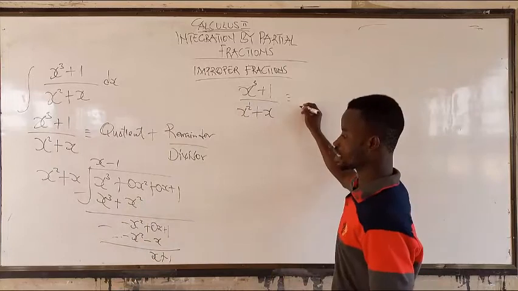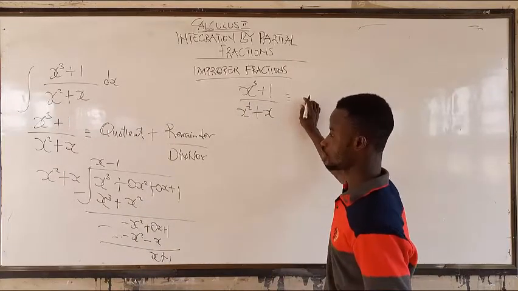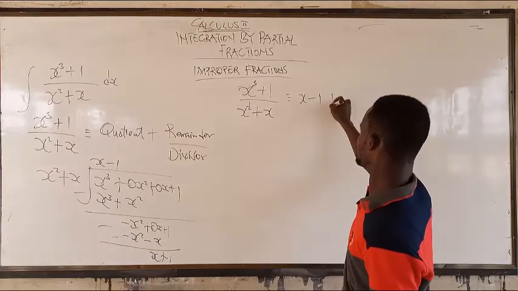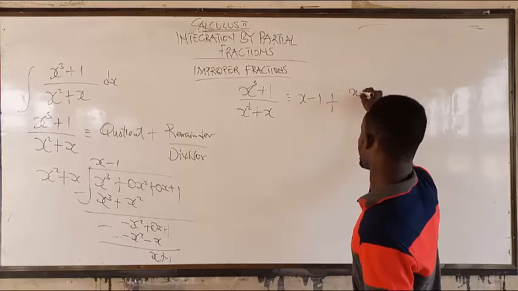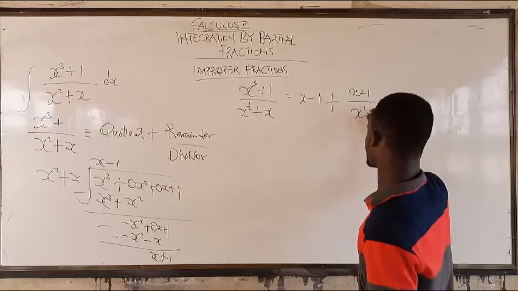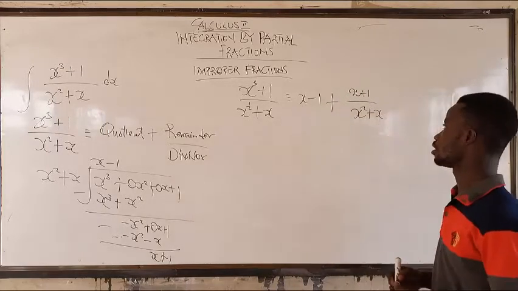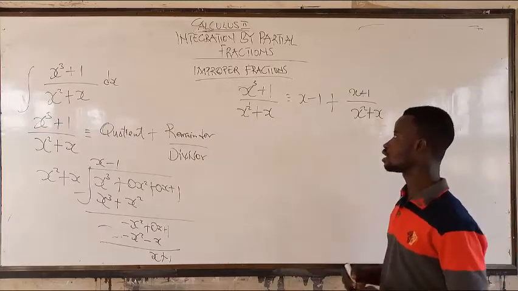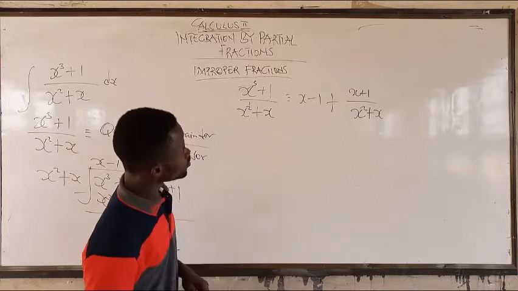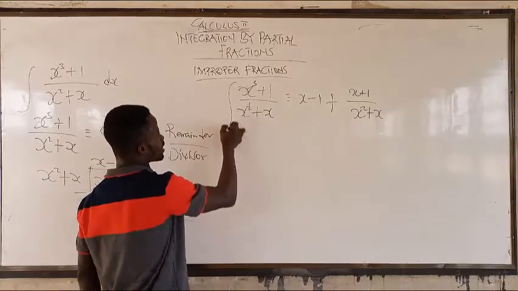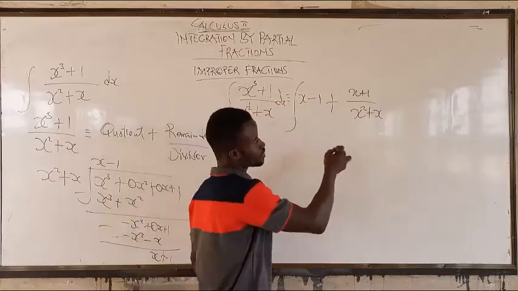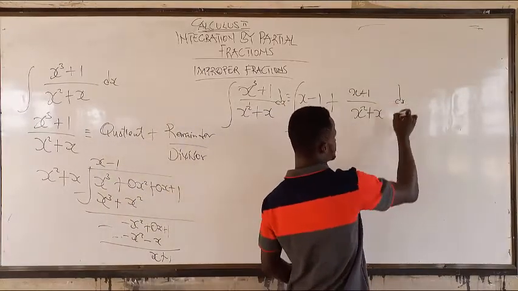So now the quotient is s minus 1, plus the remainder s plus 1 over the divisor s squared plus s. So now we can solve it. Alright. Here, to integrate this with respect to dx is the same as integrating this with respect to dx.